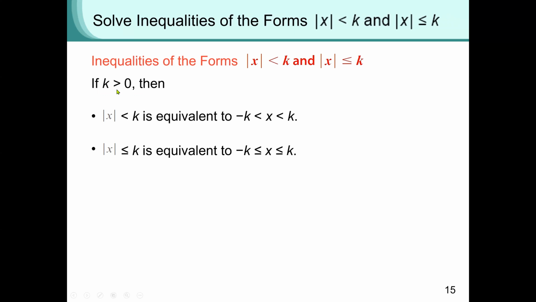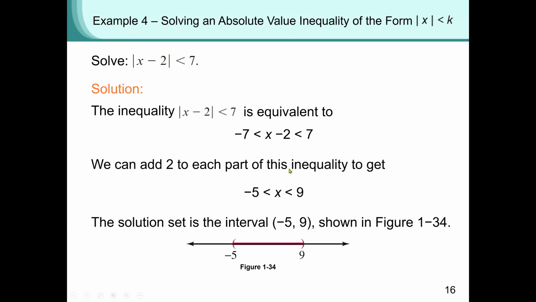So if k is greater than 0, if it's a positive value, and absolute value x is less than k, then we can say that x will be in the range from negative k to k. So it will be greater than negative k and less than k. Now, if it's less than or equal, then it will be greater than or equal to negative k and less than or equal to k. And since here we have 7, that's the rule we apply.